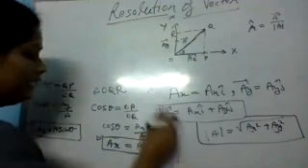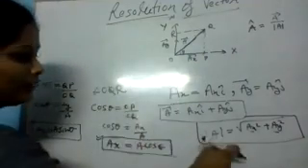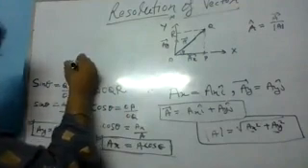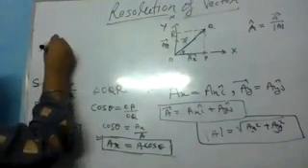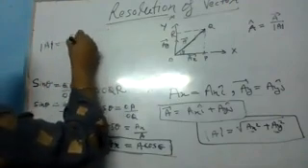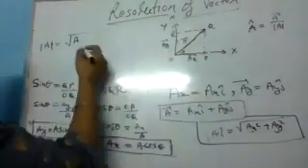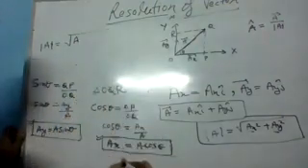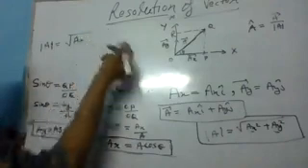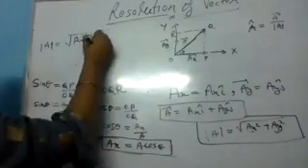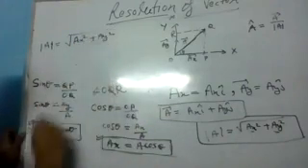Now let's try to find out mod A. Mod A equals under root AX square plus AY square.